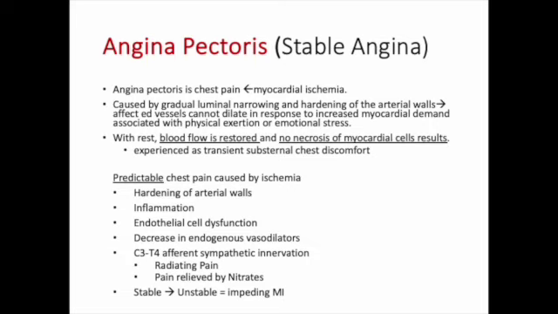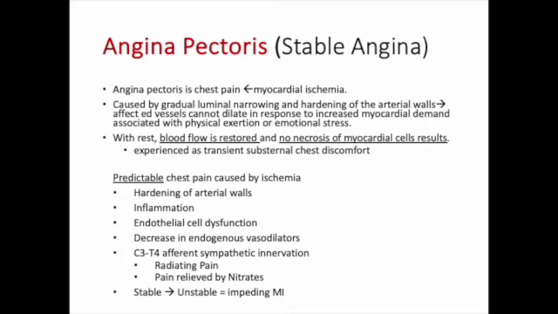When we put ourselves under physical or emotional stress, we need our heart vessels, our arteries specifically, to be able to dilate appropriately. And it can't do this because the artery walls now are very narrow and very hard. With rest, though, the blood flow can be restored, and there won't be any necrosis of the myocardial cells with stable angina.